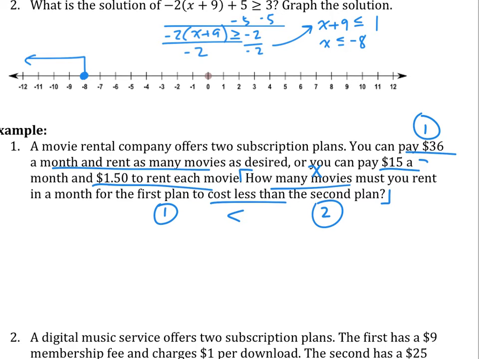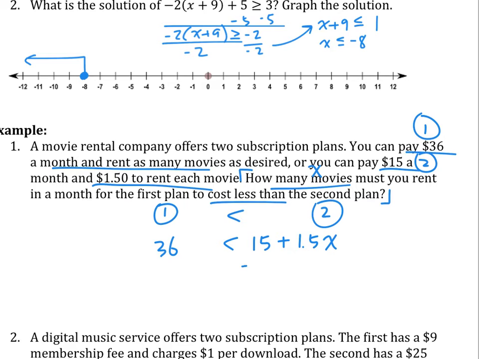So that is the second plan. So then let's just fill that in. The first plan is $36. The second plan is you pay $15 first, but every time you rent a movie, you add another 1.5, and movies is X. So then now this is a very easy problem you can solve.